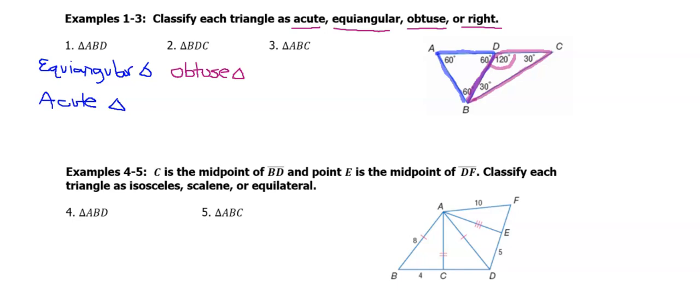Then finally, let's look at ABC. ABC is this outside one. If I grab these angles together down here, those add up to 90, which tells me ABC is going to be a right triangle.